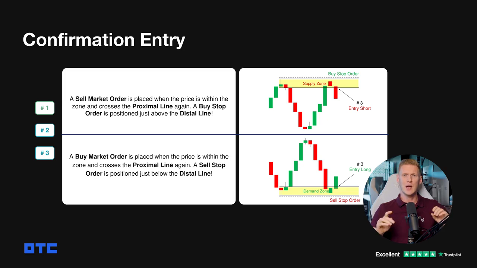Your stop loss, a buy stop order, is positioned above the distal line of the zone. For a long trade, you place a buy market order only after price has entered the demand zone and then crosses the proximal line again. Your stop loss, a sell stop order, is positioned below the distal line of the zone.